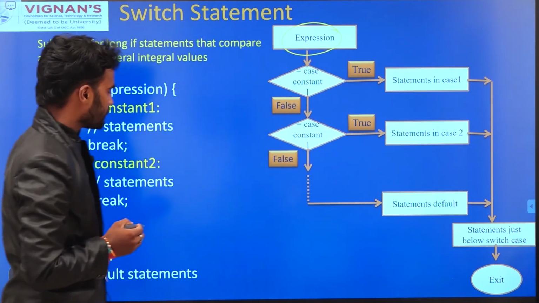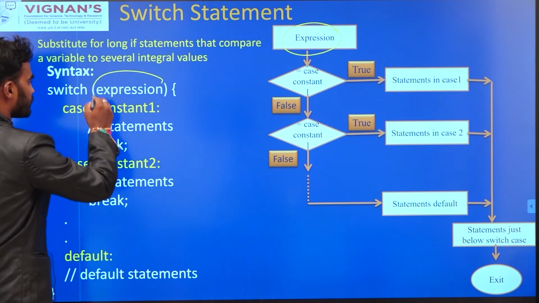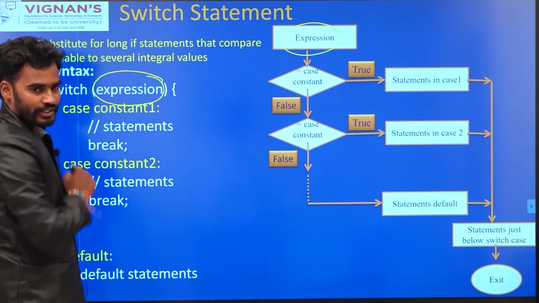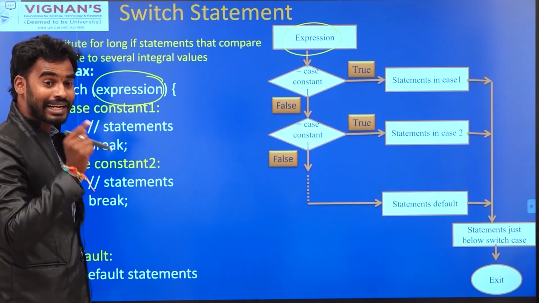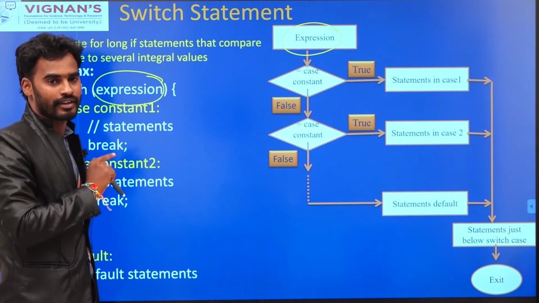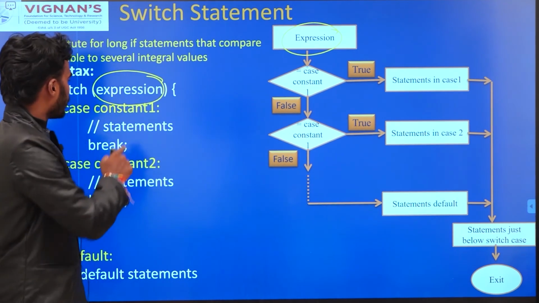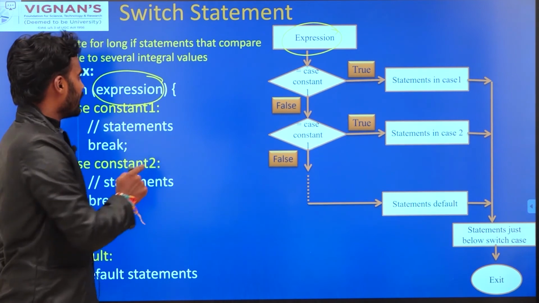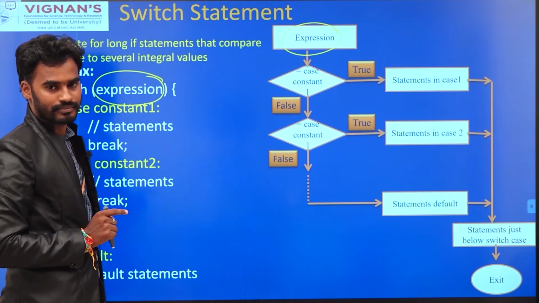It will have an expression here. The compiler will evaluate this expression, and the result is not true or false, like in if else, else if. Here the result is an integer.